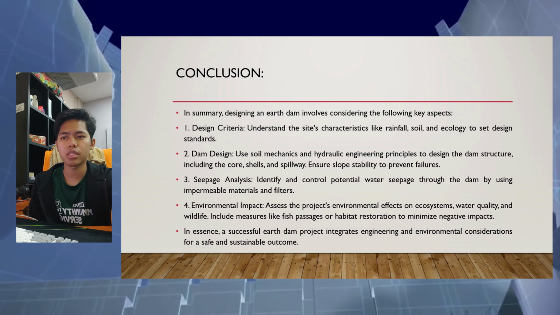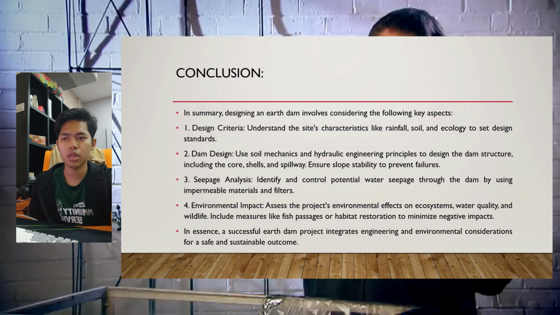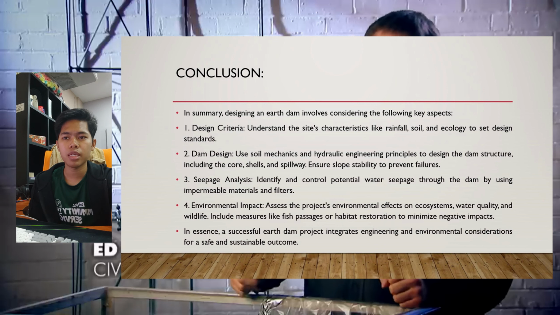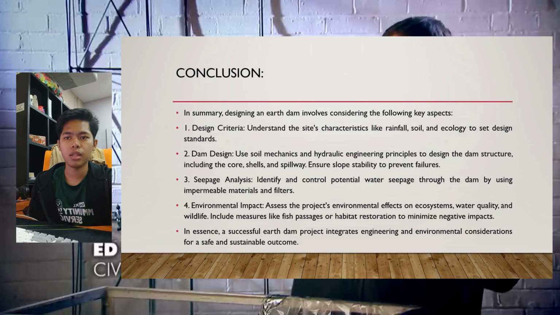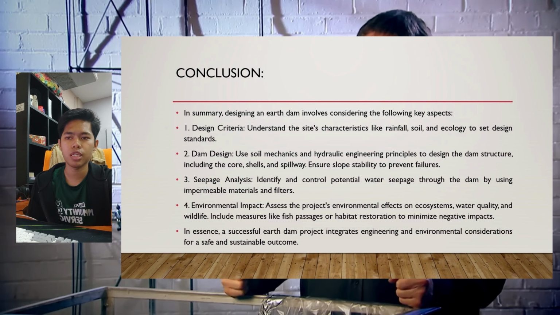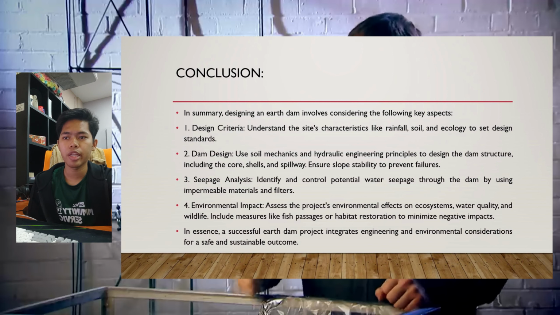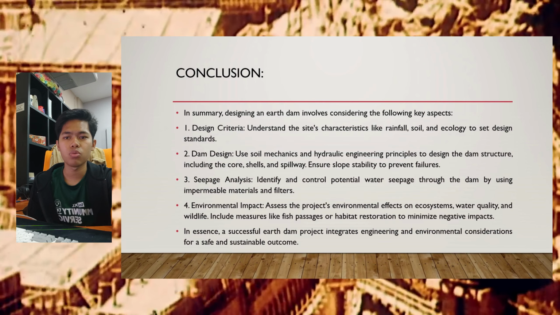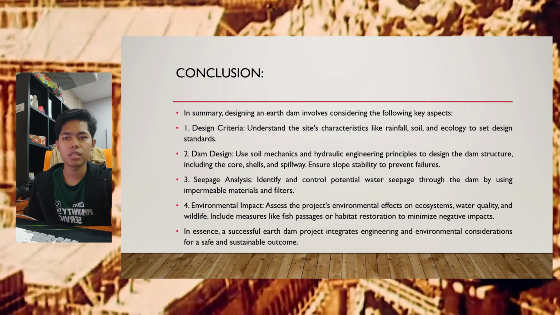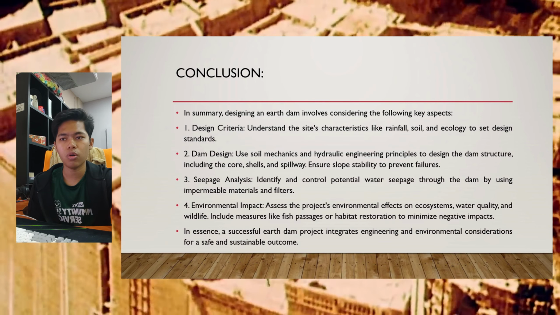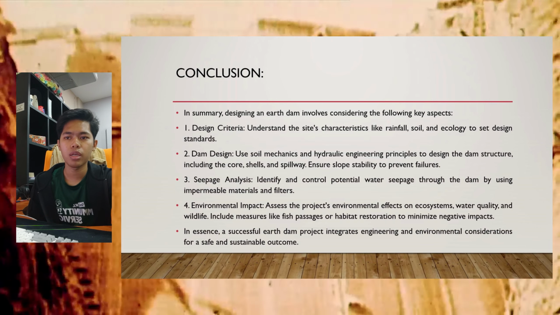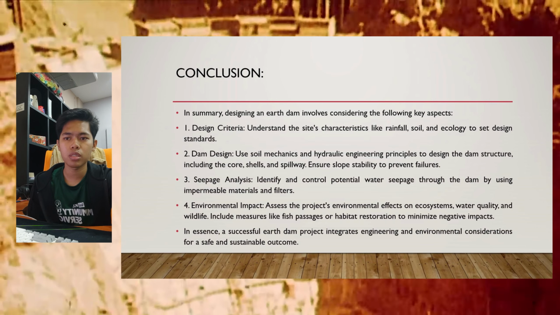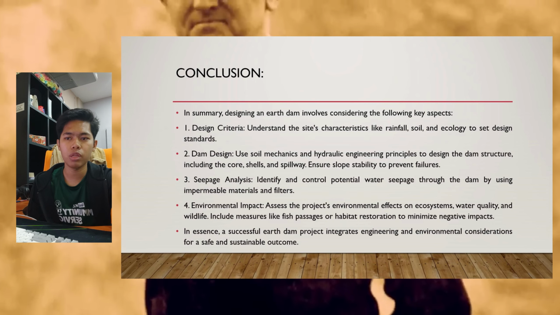The first one is dam design criteria: understand the site characteristics like rainfall, soil and ecology, and set design standards. Dam design uses soil mechanics and hydraulic engineering principles to design the structure, including the core, shield and spillway, and ensures slope stability to prevent failure.